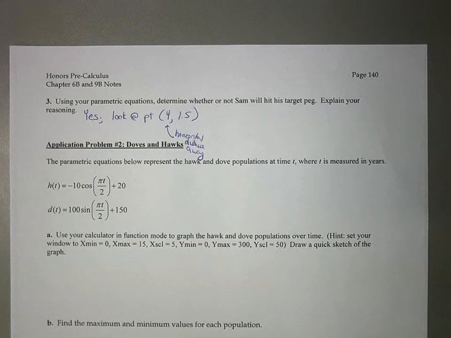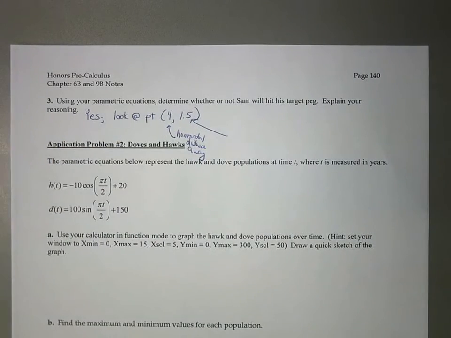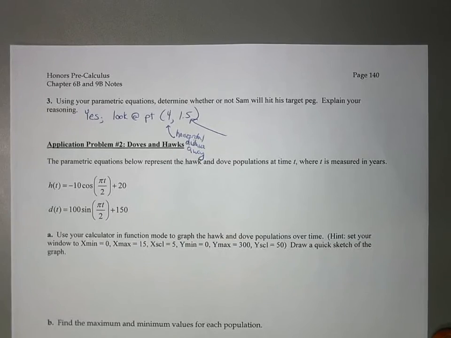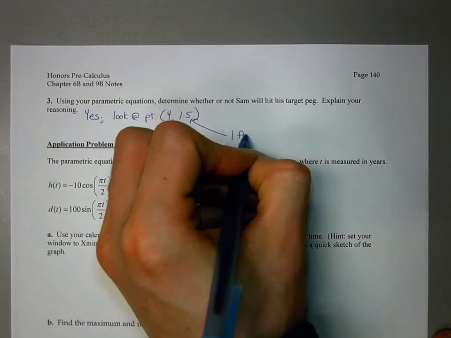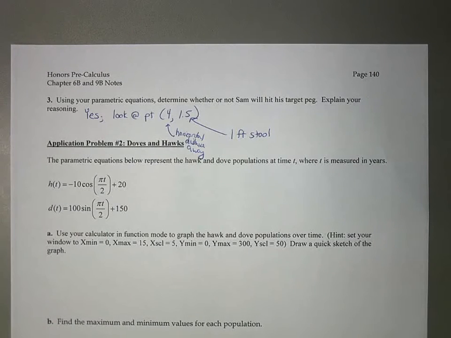The other piece then is going to be the vertical height. How high is the peg? And we've got to do a little bit of math here. We know that the game is on a 1-foot stool. Plus, I know the peg is 2 inches and 4 inches from the bottom.